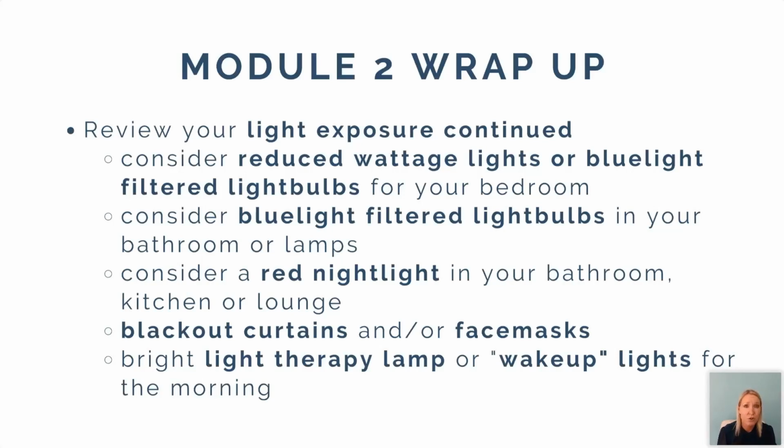So if you're getting up during the night or using the bathroom just before bed. Using blackout curtains or face masks to make sure that your bedroom is super dark when you're in bed. And using bright light therapy lamps or wake up lights for the morning is really going to be helpful for anyone that finds it hard to wake up in the morning, or has fatigue or low mood.